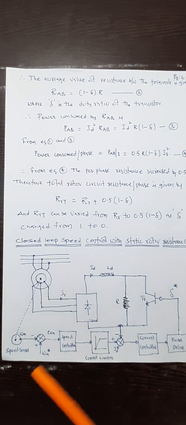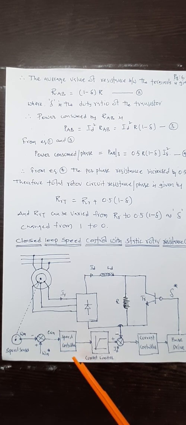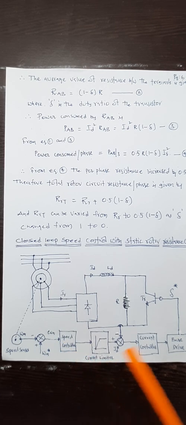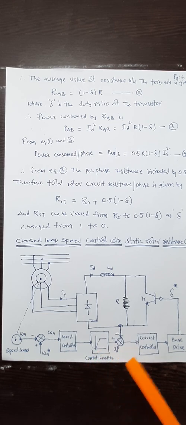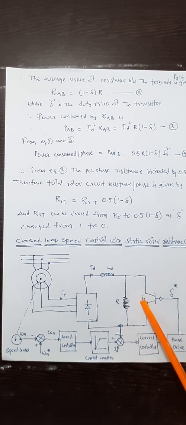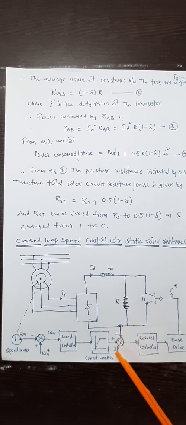Suppose it has an error e omega m, that error is processed through the speed controller having P and PI controllers, and then through a current limiter, so that it generates the magnitude of ID, that is the reference current ID star. The actual current ID is also measured from the circuit. Comparing these two, again if there is no error, there is no system activation.